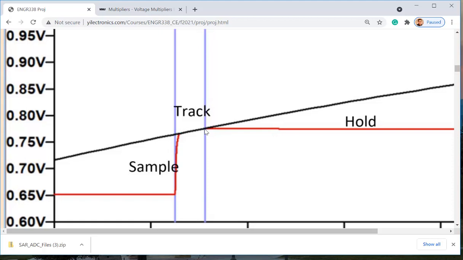Actually, look at the black line, which is the V in. That little data point right before the falling edge of the clock is the point being sampled. Because afterwards, it's going to be the same voltage. It's a flat DC line. It's being held at that voltage.